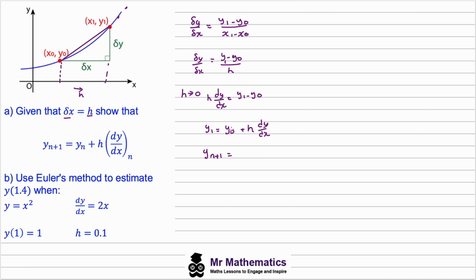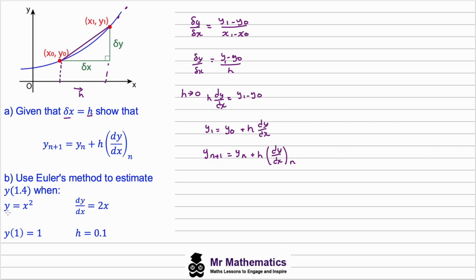This will equal y0, our current y value, yn, plus h, the distance we've moved along in the x-axis, multiplied by the gradient dy by dx at that current iteration. So this is Euler's method for solving first order differential equations numerically. And I'll show you how this works using question B.